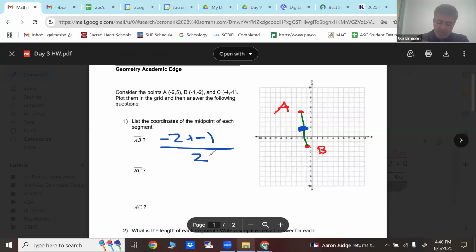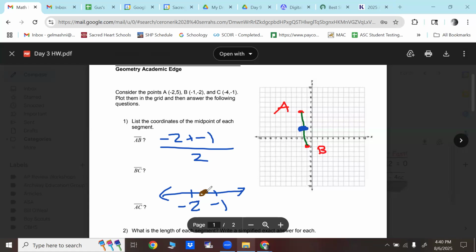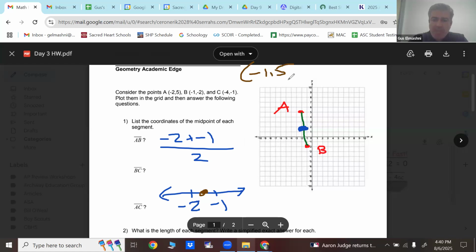Because what's halfway between negative 2 and negative 1? Let's say you have a number line. What's halfway between negative 2 and negative 1? Negative 1.5. Good, exactly.